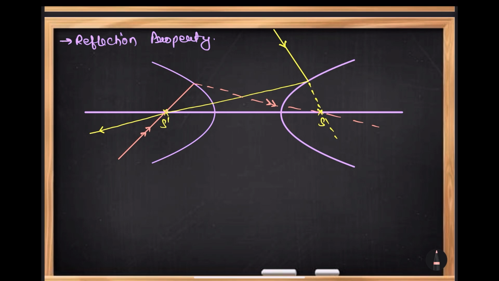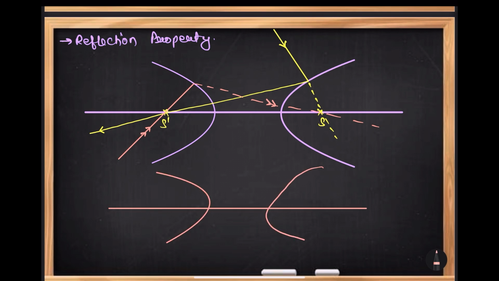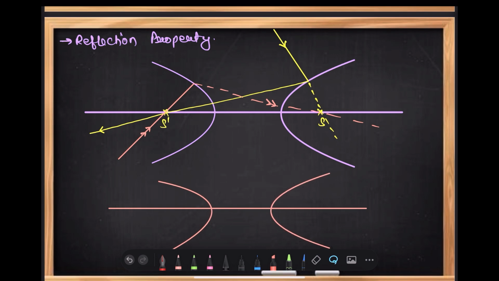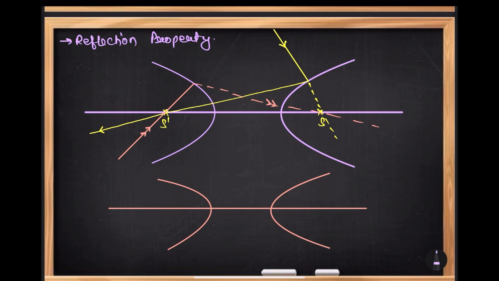Okay, now next one. This point is important. Look at this. Suppose that we have a hyperbola. So we got the hyperbola. Now the idea is we have some directrix.